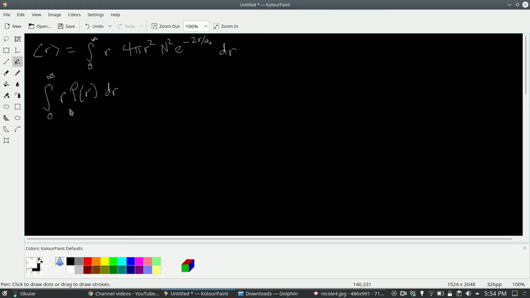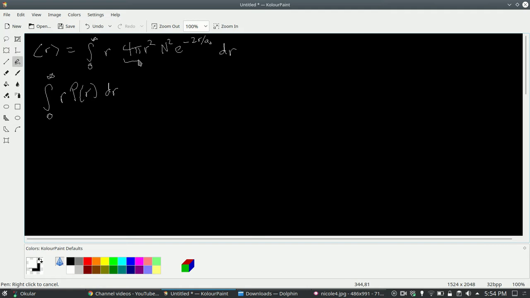So r being radius, the radius is distance from the center. So we don't care about negative infinity because that would just be the same space. We're doing r here, some kind of circular type of coordinate system. I don't know if it's circular or what, but it's not linear, so we don't have to go negative infinity to infinity. Anyways, that's what this is.